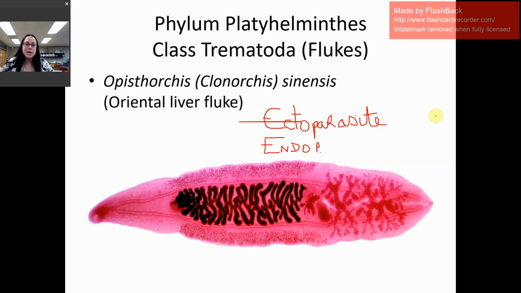So the first one that they ask us to look at is the oriental liver fluke, and this is an endoparasite. So this is what you see over here. This is an endoparasite. It's an oriental liver fluke. This parasite likes to live in the liver of organisms, and so this is a hallmark of the fluke.